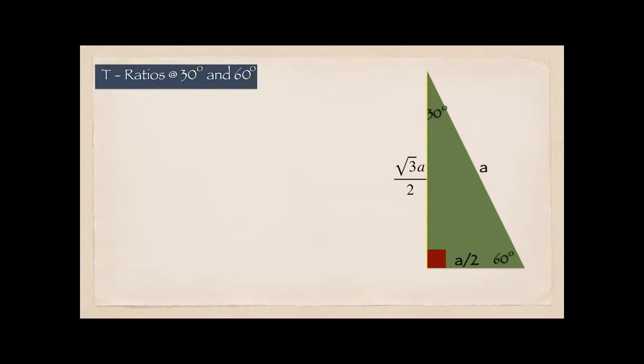In a similar way, instead of 30 degrees, considering the 60 degrees acute angle, we can find all the trigonometric ratios at 60 degrees.